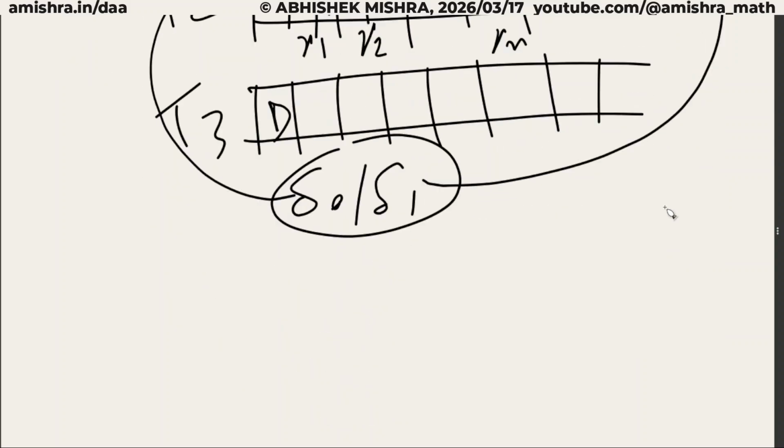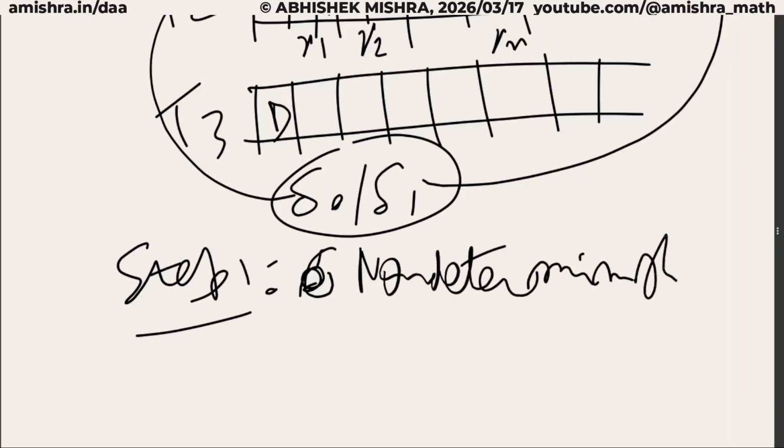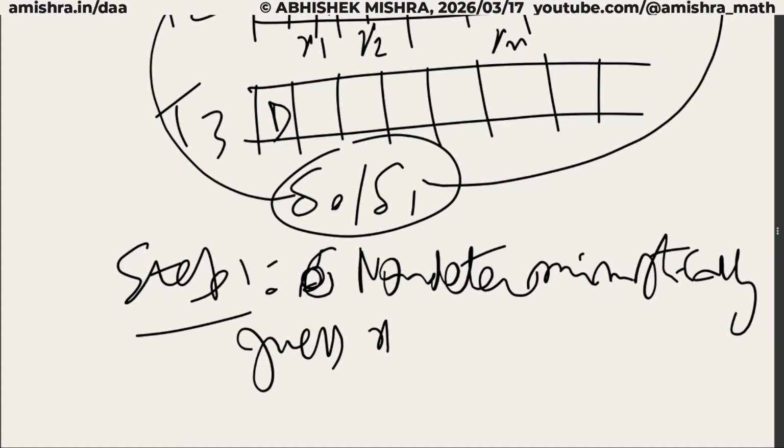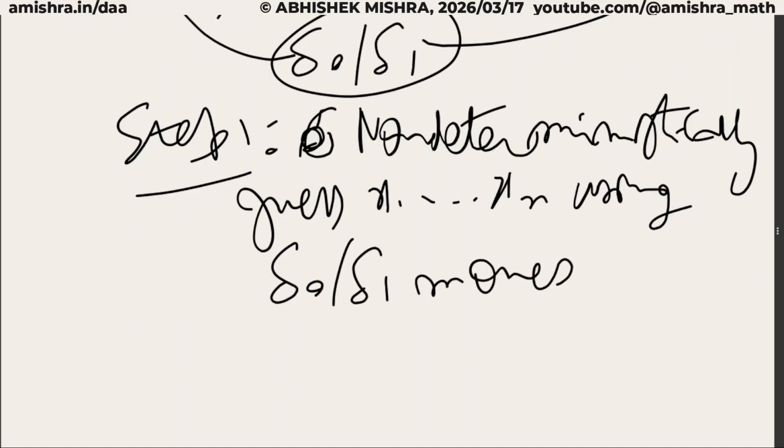So step 1 is to non-deterministically guess the assignment x1 up to xn using delta 0, delta 1 moves, as I have explained.